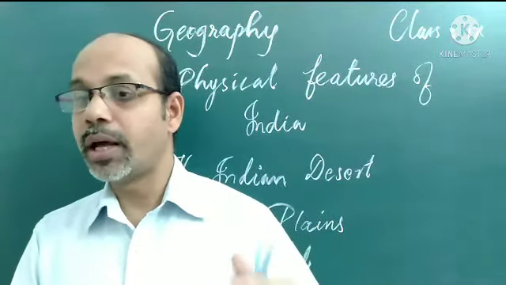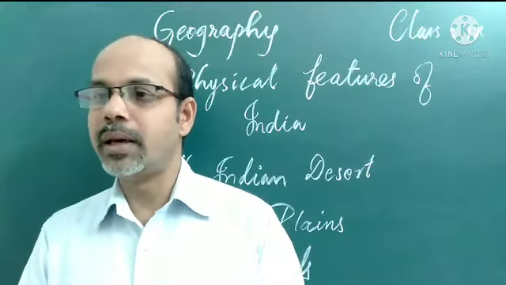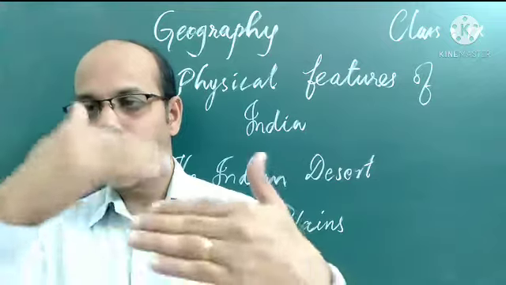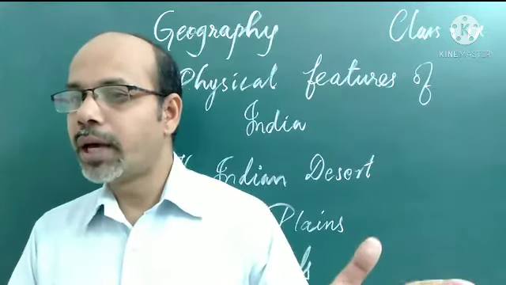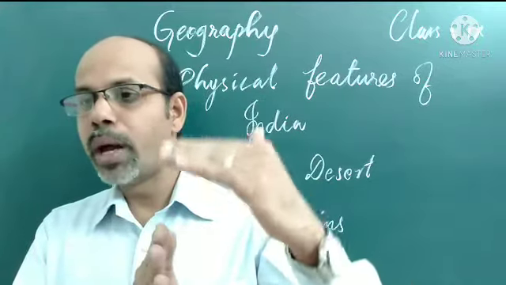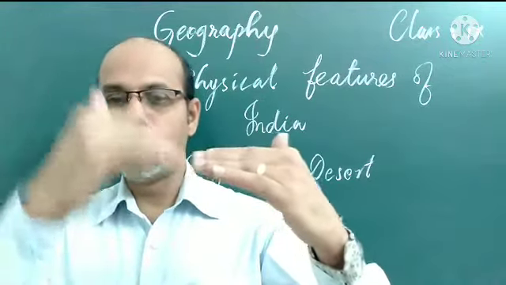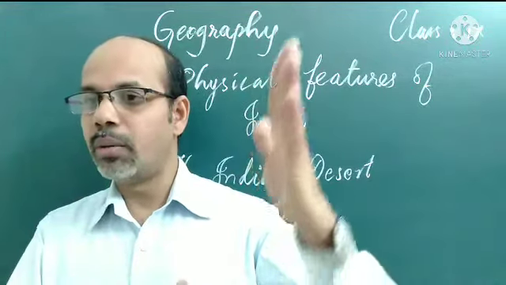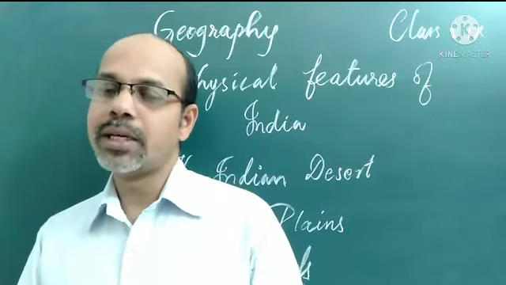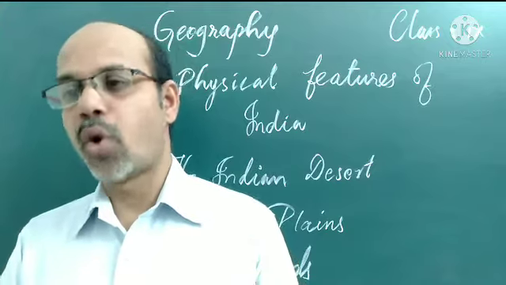The western coastal area on the coast of the Arabian Sea is divided into three sections. The extreme northern part is known as Konkan, that is the Mumbai to Goa regions, Maharashtra and Goa.